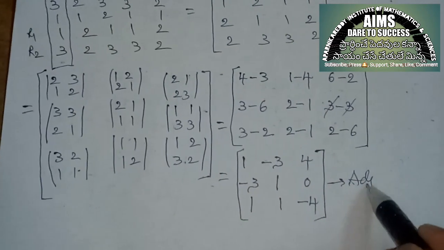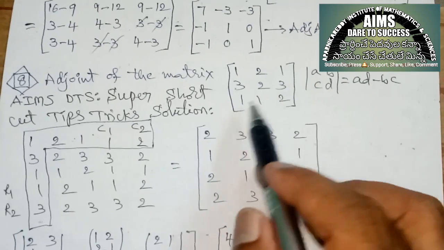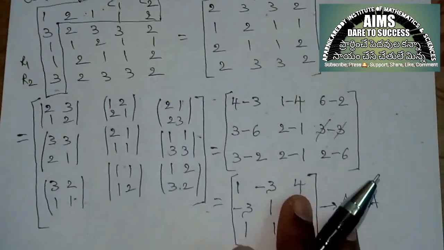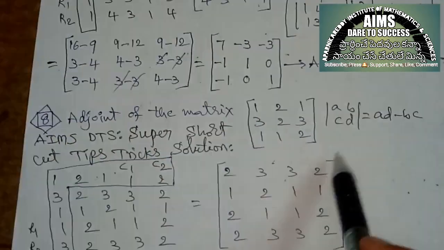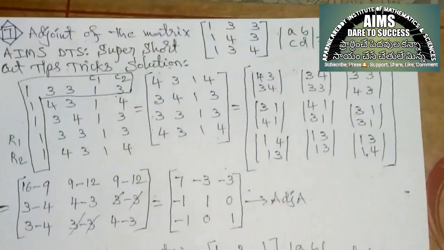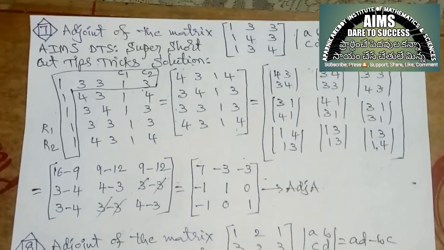This is the adjoint of the given matrix 1 2 1, 3 2 3, 1 1 2. My dear friends, I already discussed adjoint of the matrix of order 3 by 3 problems. Maybe it is very helpful for you in all competitive exams.